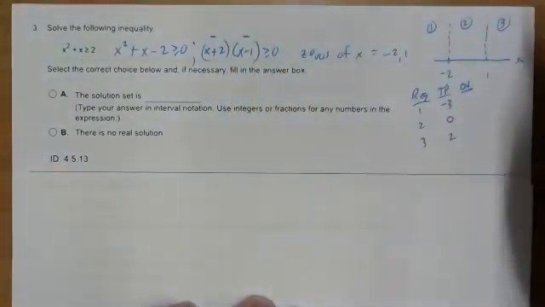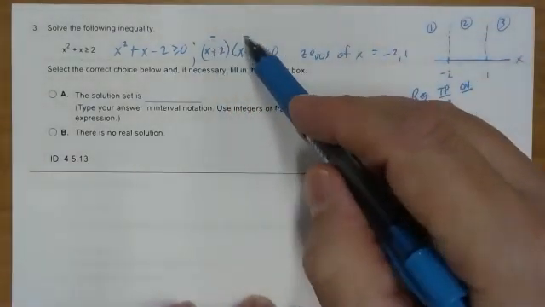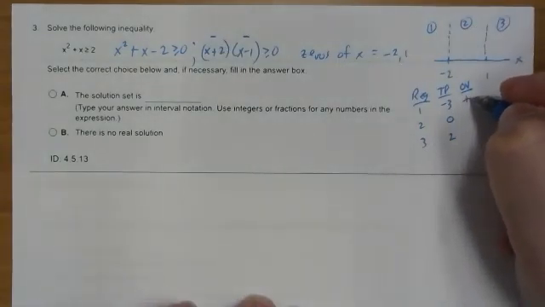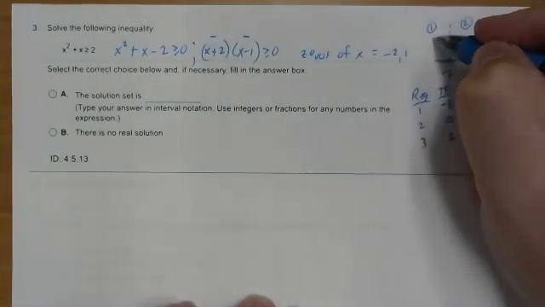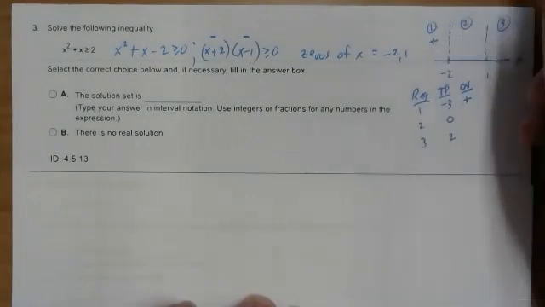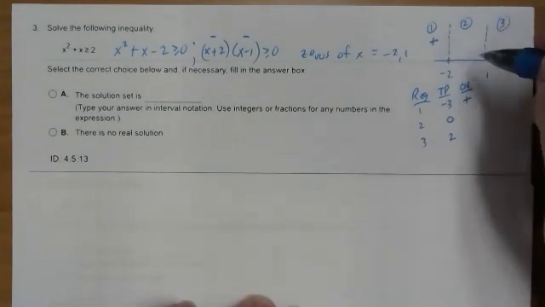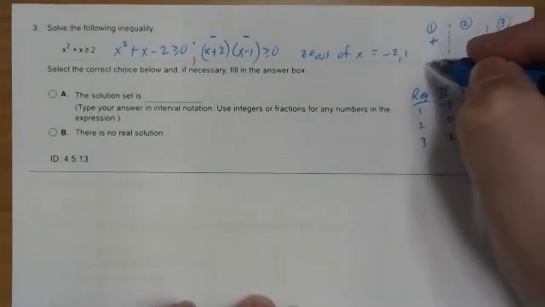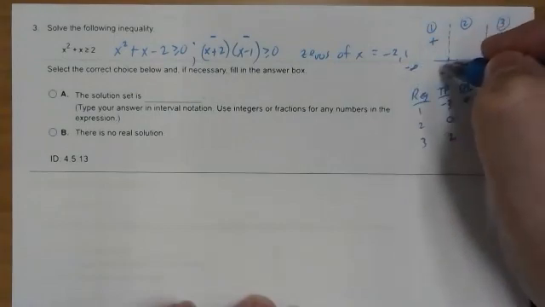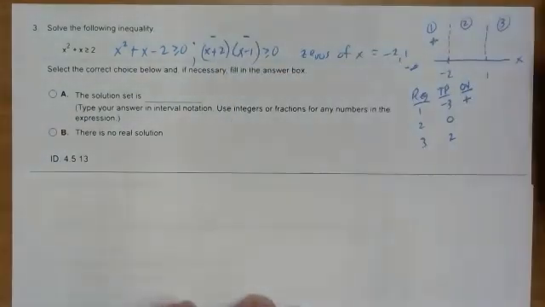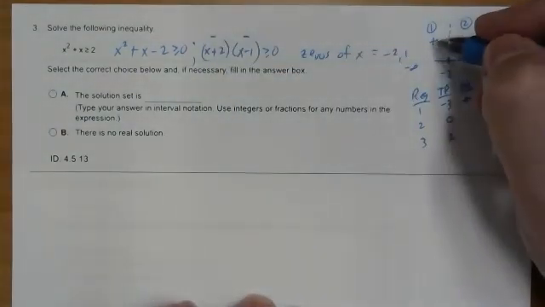Both these parentheses are negative, and because we're multiplying them, 2 negatives make a positive. I've just now determined that region 1 is a positive region. That means if x is between negative infinity and -2, that is always going to cause this expression to be a positive number.